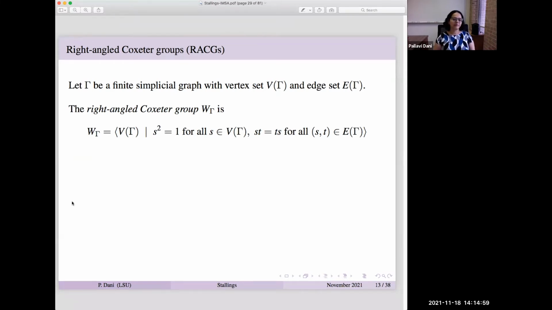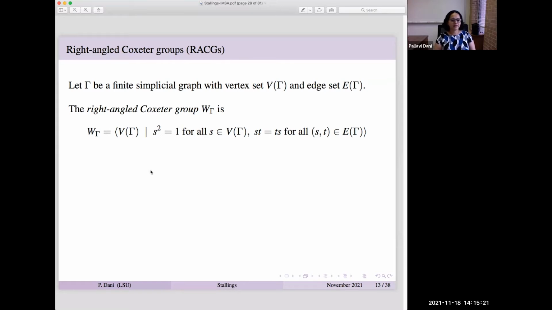If gamma is the defining graph of a right-angled Coxeter group, then the generators are the vertices of the graph, but you have an edge whenever the two generators commute rather than if they don't commute. So it's kind of the complement of the Dynkin diagram.